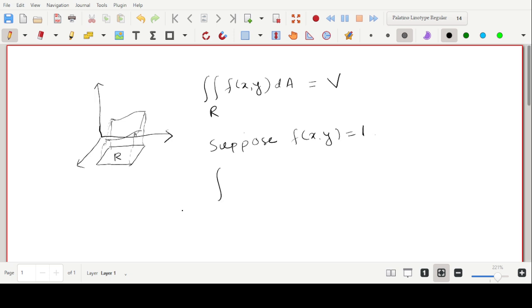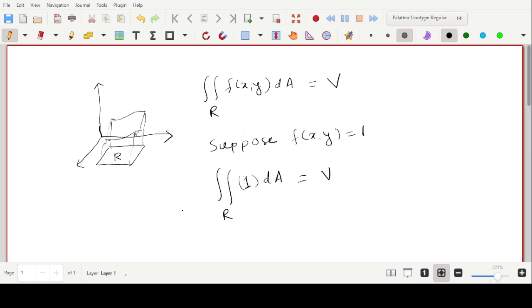This becomes the integral of the constant function 1 over R, and that will be the volume of the solid that is formed by the rectangle below, the graph of the constant function above, and then the four walls.